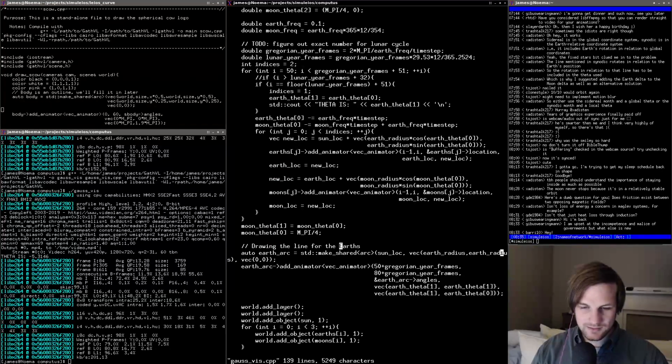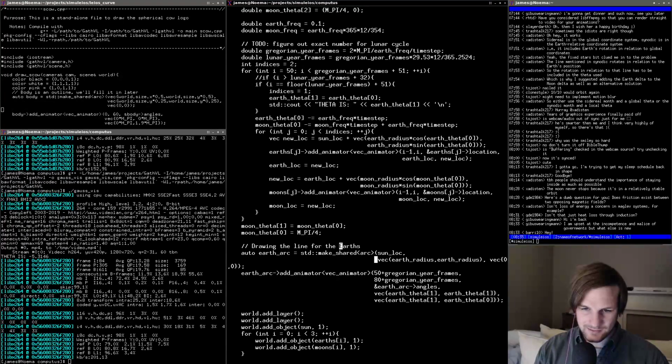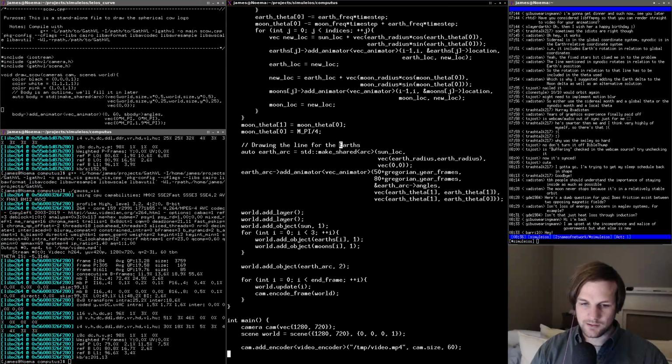So let's just do stuff. Does this fit on one line? Please fit on one line. Dang it, it doesn't. Oh, but that's okay. This other vector can go here. And the initial arc is going to be... let's do... world.add object here. World.update. Can I only add object if we're over a particular frame?